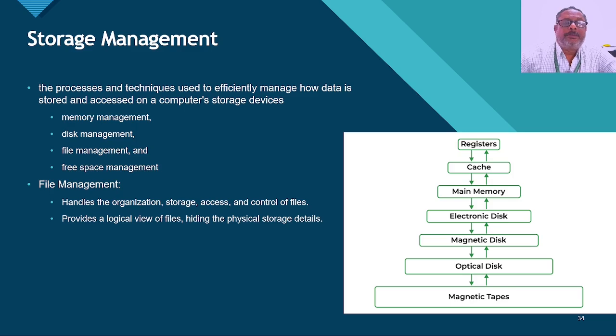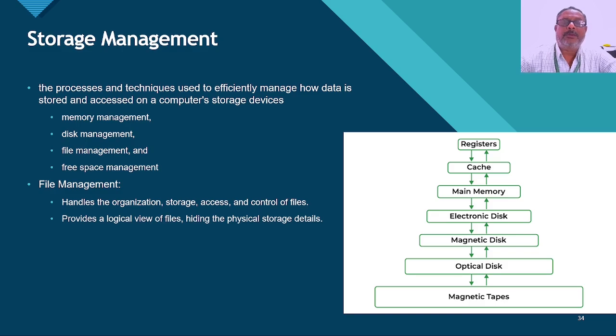File management also provides a logical view of files, hiding the physical storage details. So we are not interested in where each component of the file is stored, as we were discussing at an earlier stage, that the space may not be available at one place, so it can be put in various different places. We are not bothered about where the data is placed in the memory and how it is placed.